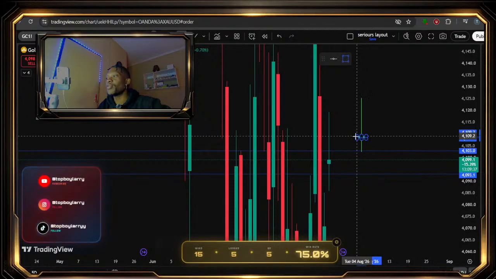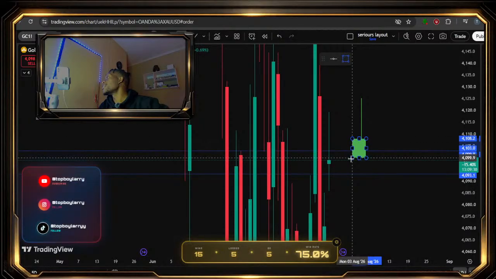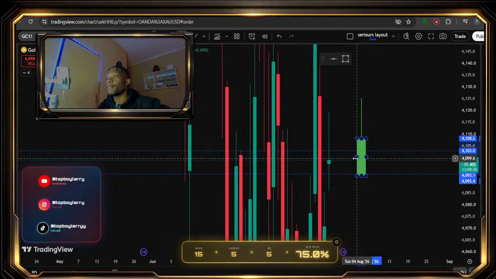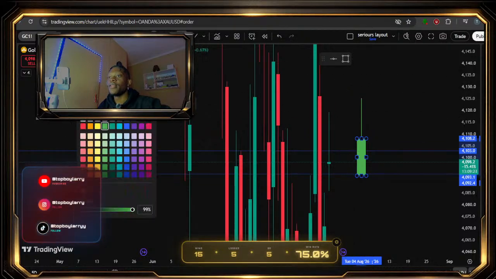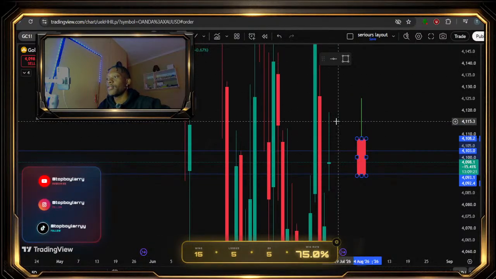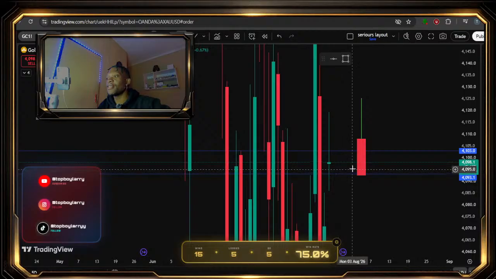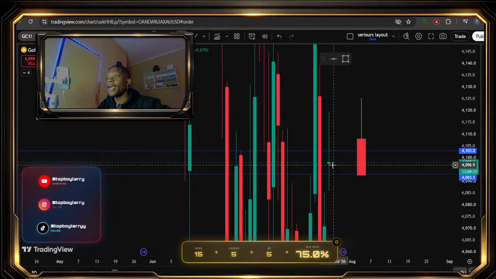Because currently it is bullish. So this is what price is doing currently. So it will be the daily basically flipping from bullish all the way to bearish, right? That will be the move. So I want to see price doing something similar to this, flipping back and basically filling the wick here, the previous wick.